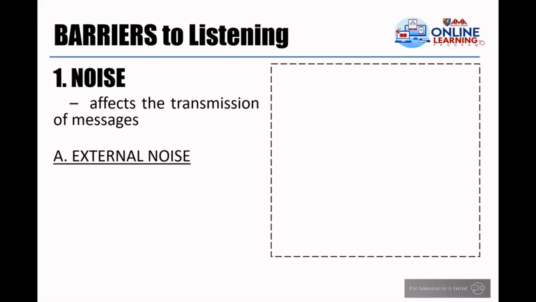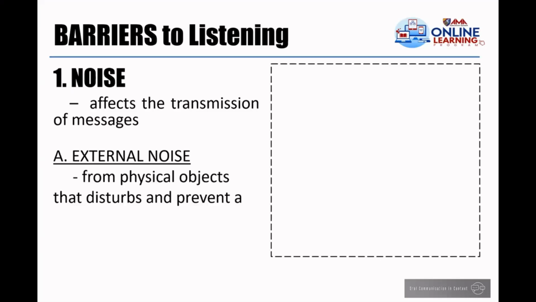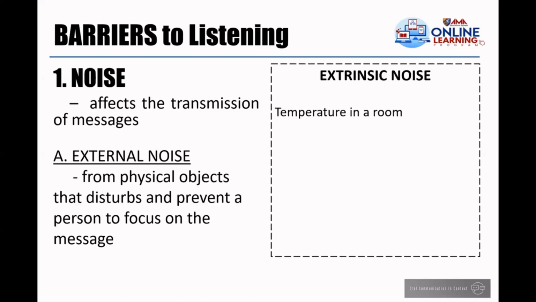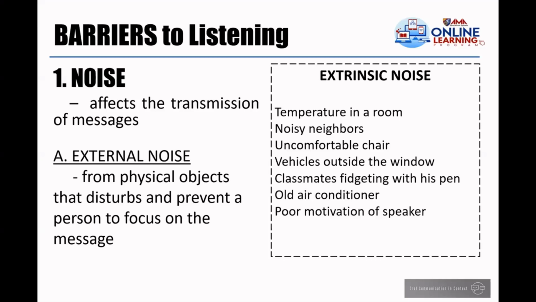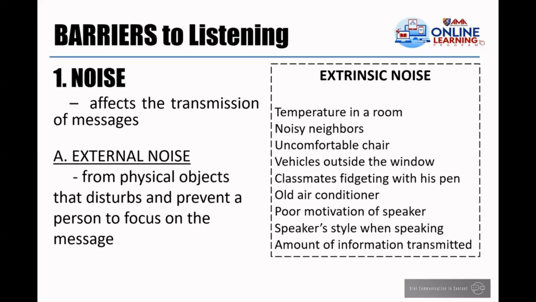So the first type of noise is external noise. These are noise outside or from the environment. These are physical objects that disturb and prevent a person from focusing on the message. Examples of extrinsic noise are the temperature in a room, noisy neighbors, an uncomfortable chair, vehicles or noise coming from outside the window, classmates fidgeting with their pens, an old air conditioner, poor motivation of the speaker, speaker style when speaking, and amount of information transmitted.